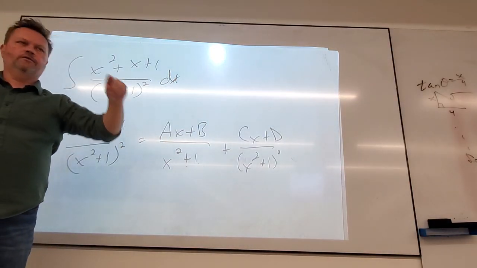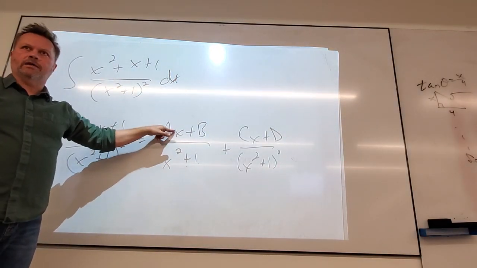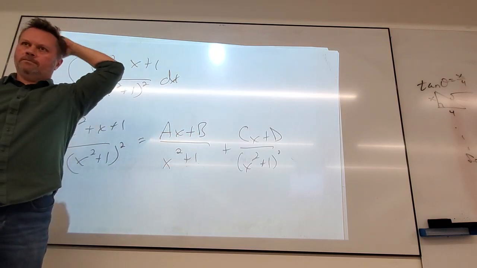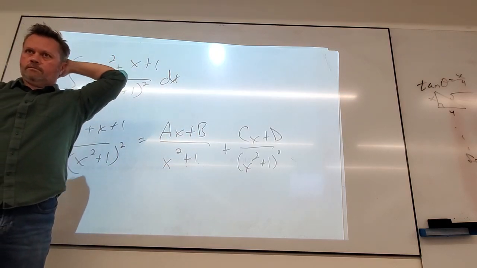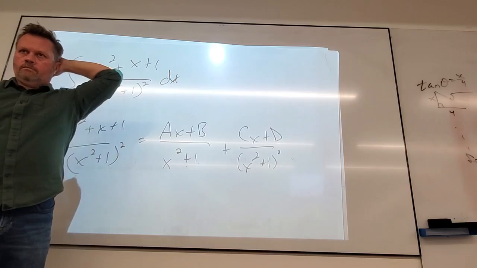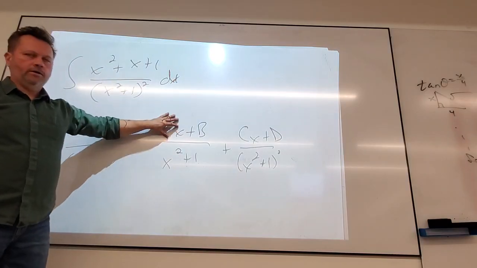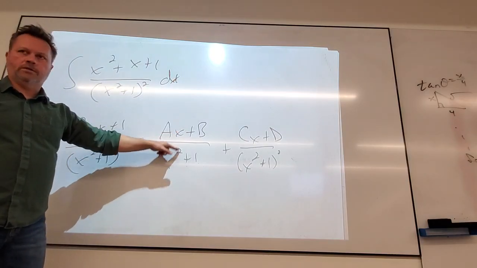So if this was third degree, this would be ax squared plus bx plus c, the most general second degree. I'm just confused as to why there's more, like, how did you get the ax plus b and the cx plus d? This one needs a linear, because it's squared, so it needs a first degree.